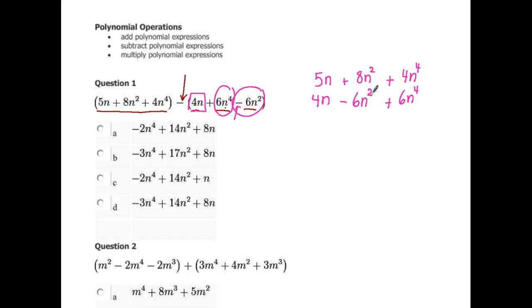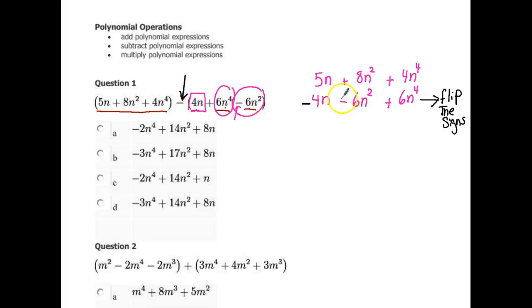Now, when you subtract, you need to make sure you distribute the negative sign. That means you flip the sign of the bottom polynomial. So, this is a positive, so it becomes a negative.